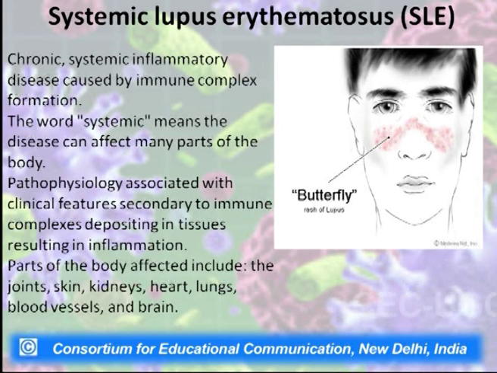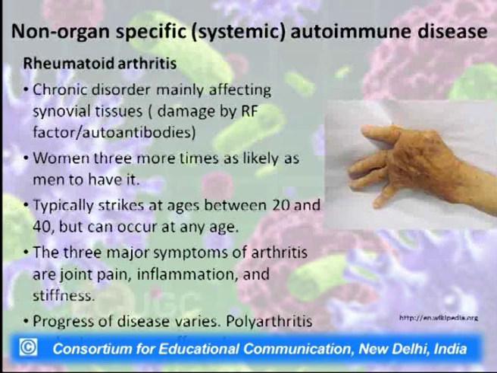The pathophysiology associated with clinical features is secondary to immune complex depositing in tissue, which results in inflammation in these regions. Most of the parts affected are joints, skin, kidney, heart, lungs, blood vessels and brain. And as you can see in this slide, this butterfly rash is the first symptom of SLE.